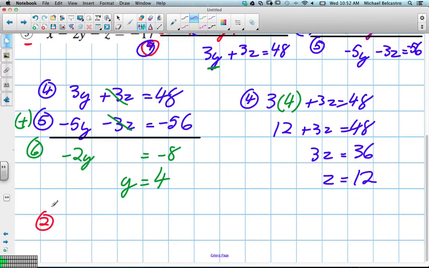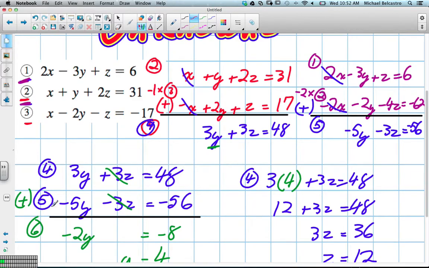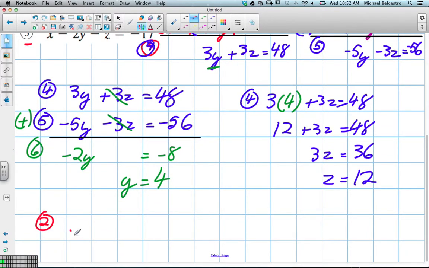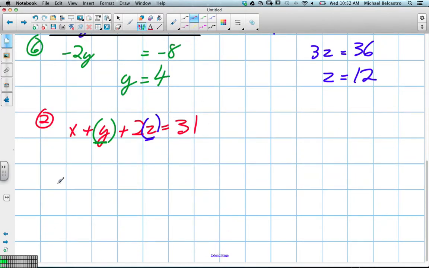I'll do that in red. Equation 2 was written as x plus y plus 2z equals 31, and we could have chosen any of the 1, 2, 3. We're now going to replace the y in this equation with 4 and the z with 12, and we're going to solve for x.